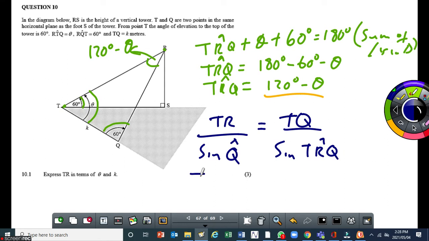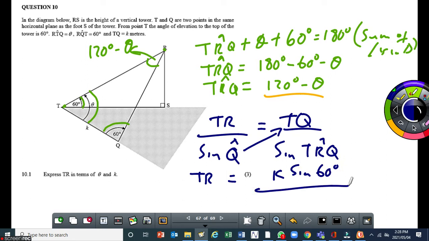So I'll end up having TR is equal to, if I multiply that TQ by sine Q, my Q is 60 degrees. My TQ is K. So I'll put here K times sine 60 degrees.